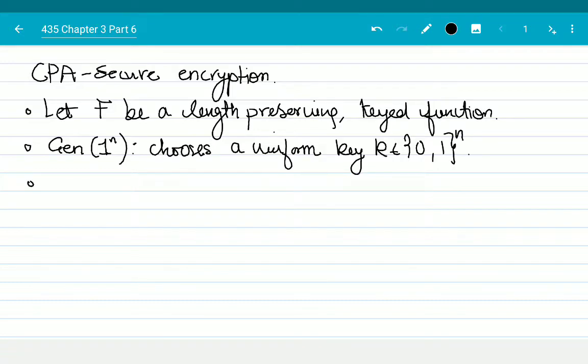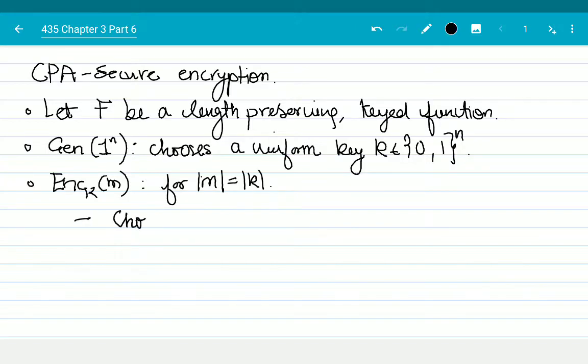What does the encryption do? Encryption Enc_k of m, where the length of m is equal to the length of k, works as follows.